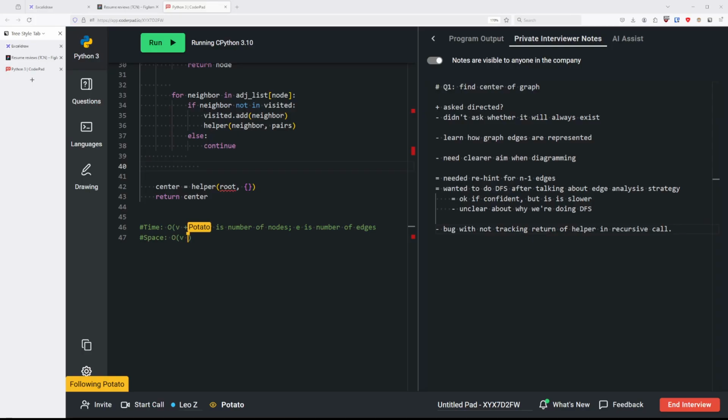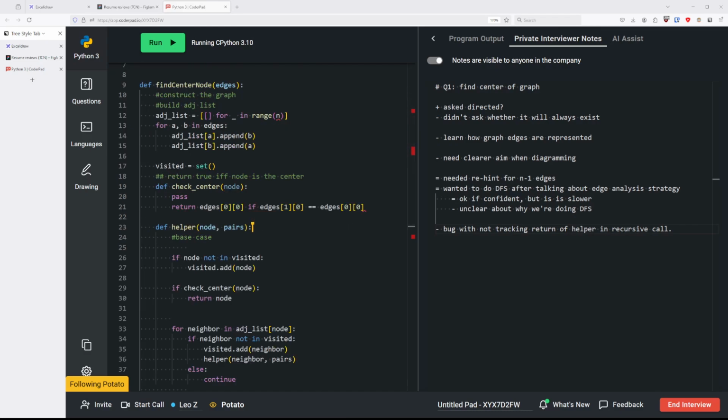For the space complexity, it will also be V plus E. Did we do the DFS traversal? Yep.